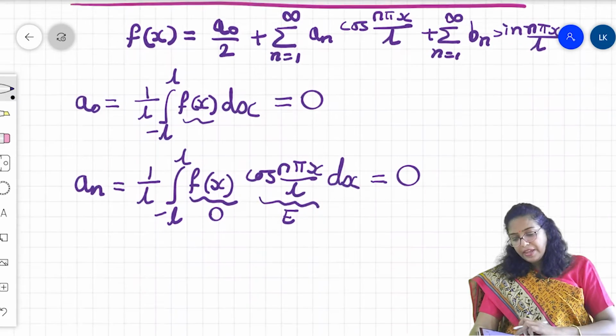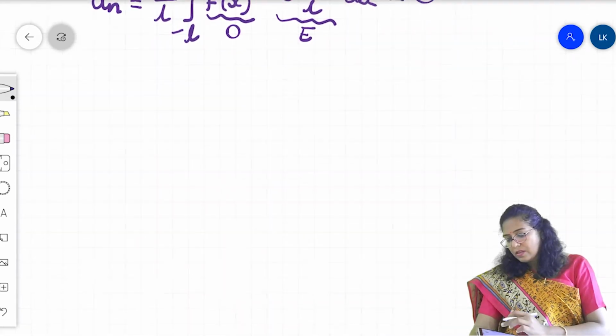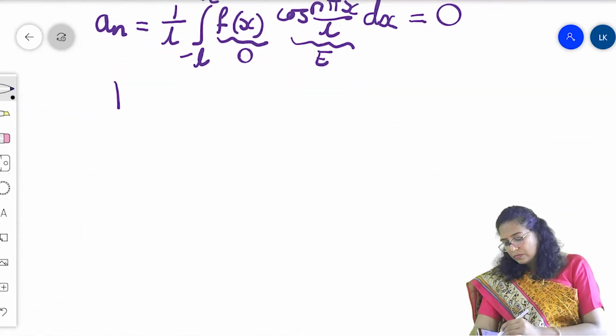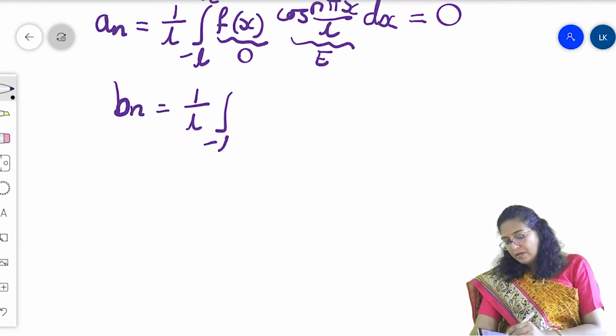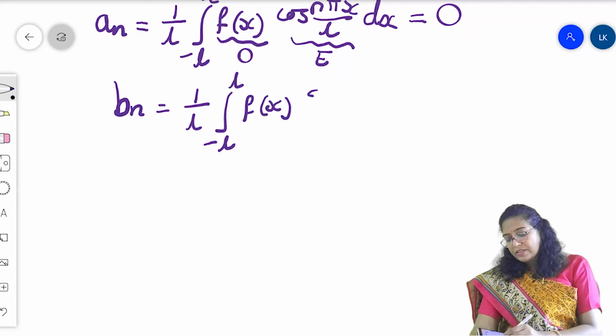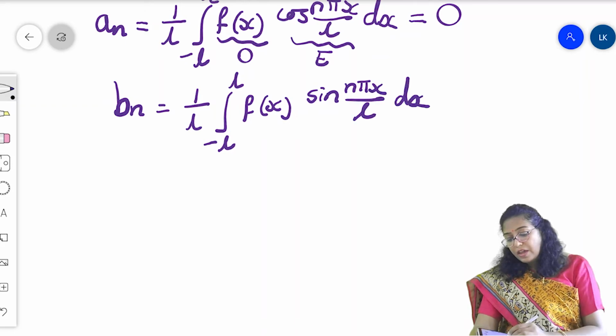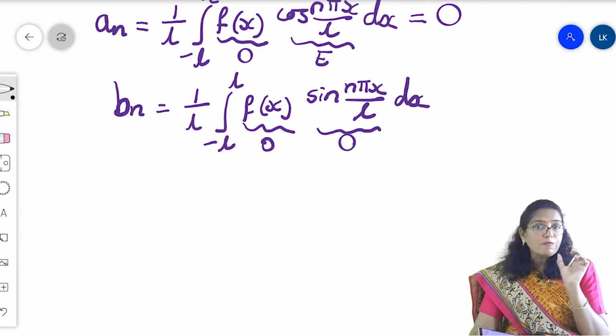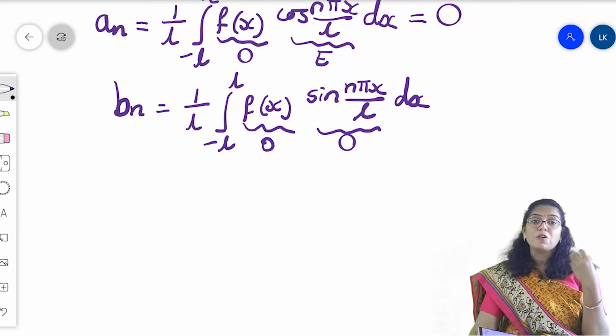What about the bn? bn is equal to 1 upon L integral from minus L to L of f(x) sin(n pi x upon L) dx. f(x) is an odd function, sin is again an odd function, and the product of two odd functions is always even.